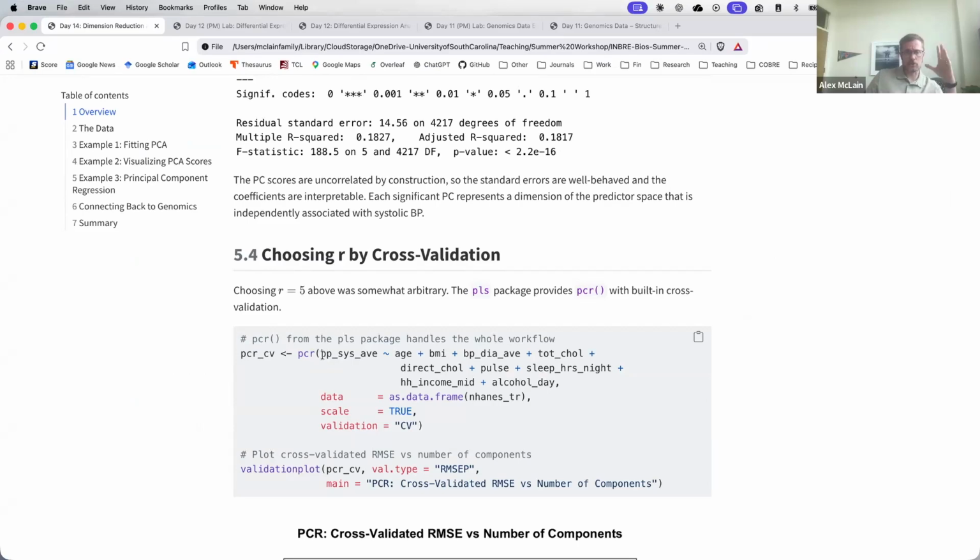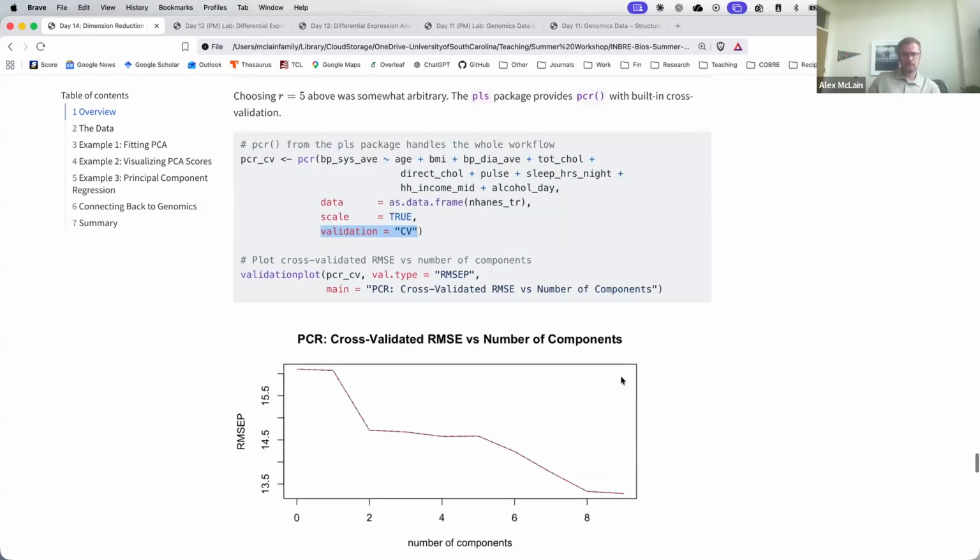This is going to do everything for us all at once. So I give it the outcome, I give it all the variables that we are using. I'm telling it to scale it because this data I'm giving has not been scaled. And the validation here is going to be cross-validation. So that is going to help us choose the best number of principal components using the idea of cross-validation.